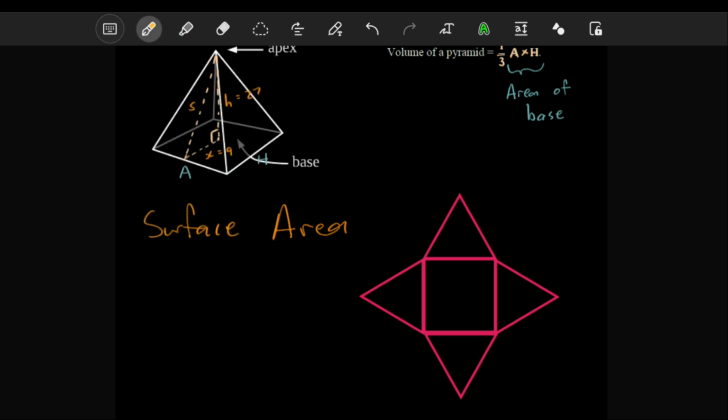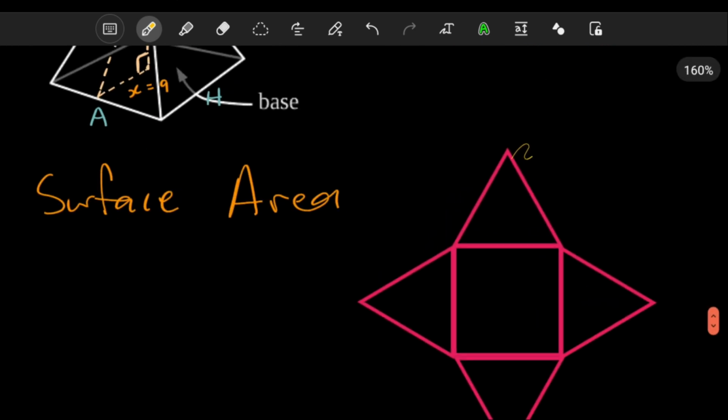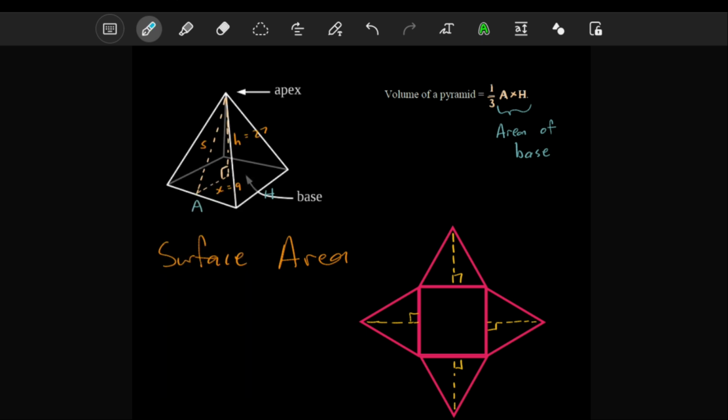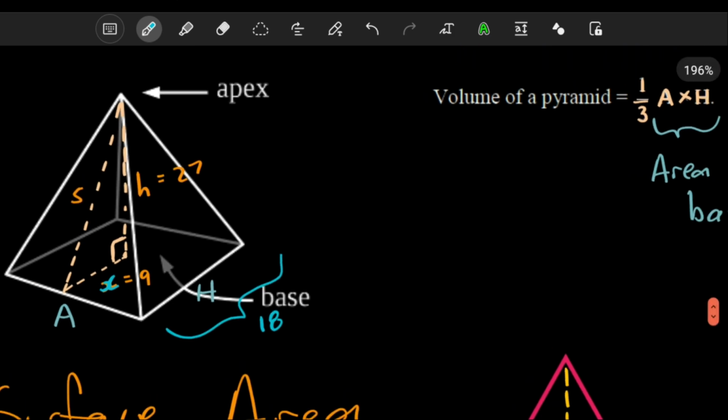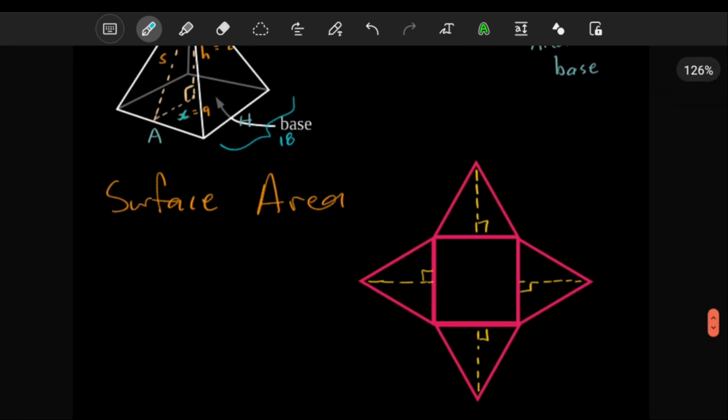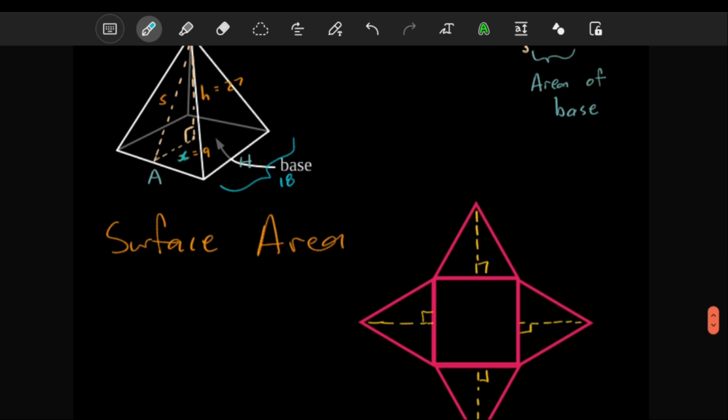So obviously, when you're looking at it from the top and this thing has been opened up, then you want to recognize that your slanted height here is basically this distance from here to there. That's your slanted height. This is also going to be the slanted height, just for the fun of it. So let me specify that the whole thing here is just 18, so that this being a 9 makes sense. Anywho, with our sketch here, if you want to now work out the area of this shape, you want to remember the area of each triangle here.